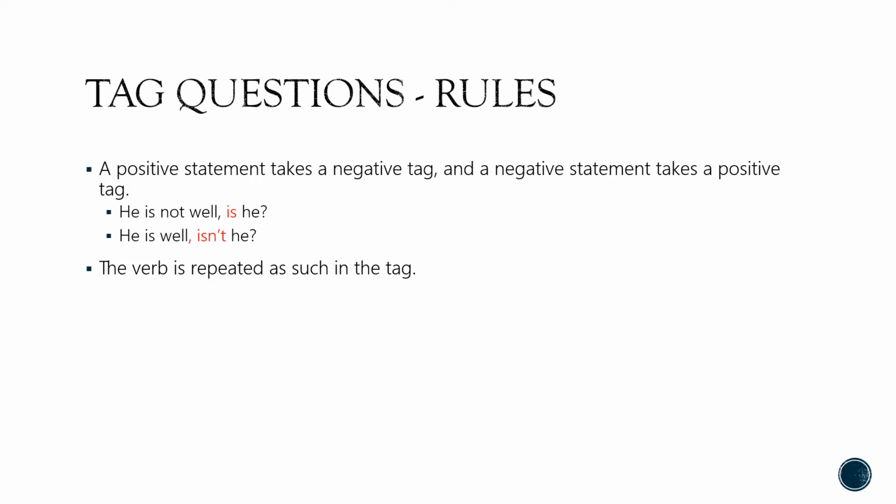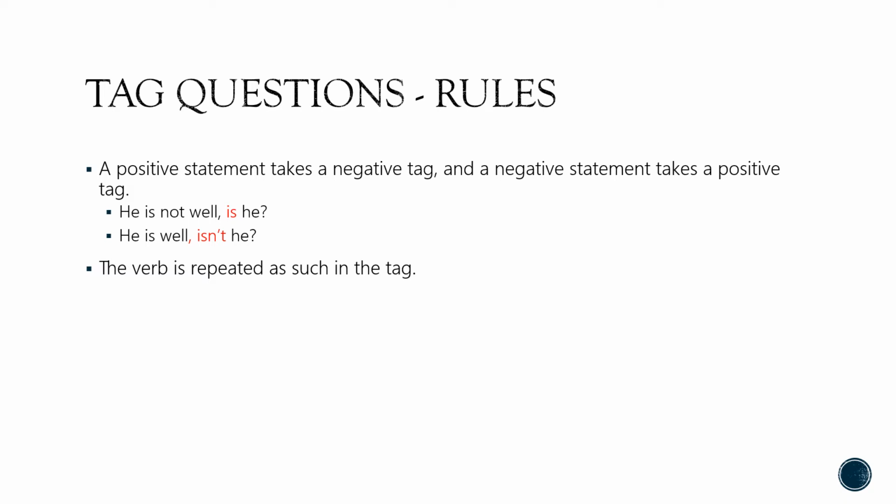Now, at least some of you might have this question. What if there is no auxiliary? Yep, I knew you would have them. Now, the answer to your question is that if in a statement there is no auxiliary present, then we can use the forms of do to form the tag.